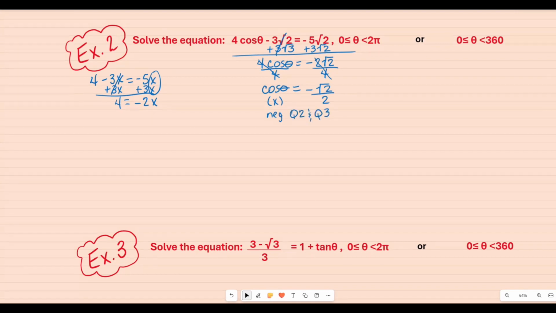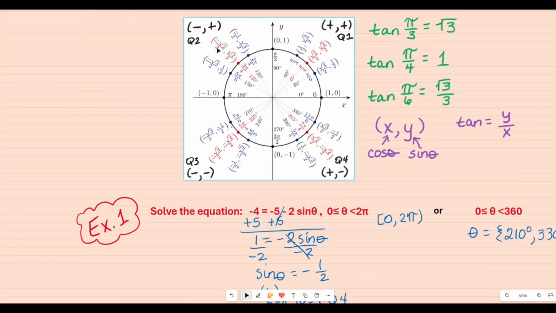So when I go back up to my unit circle, I'm looking for this answer here. Where is cosine, or x, -√2 over 2 in quadrants 2 and 3? So in quadrant 2, I see that it's at 3 pi radians over 4.